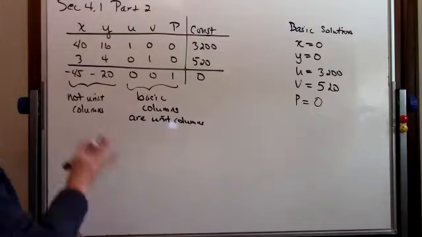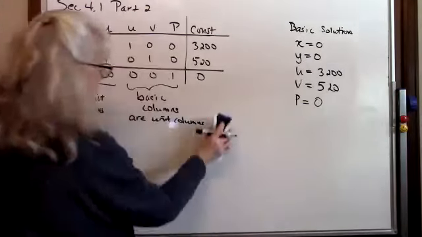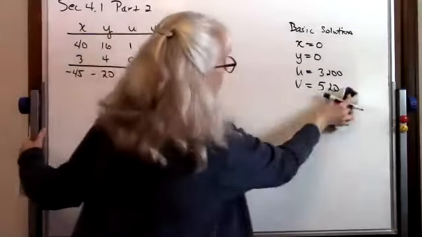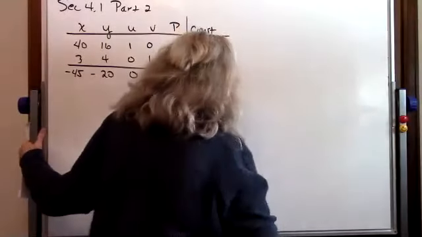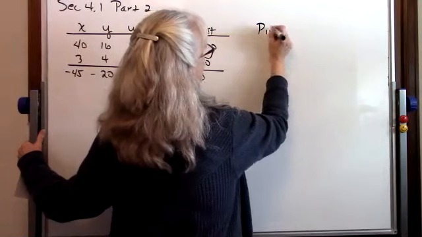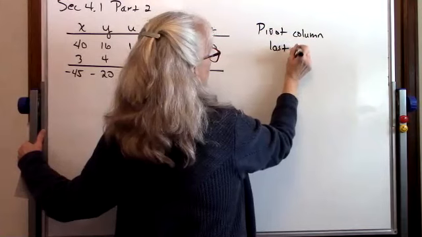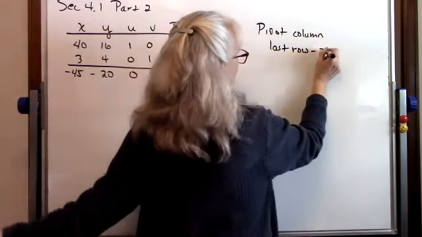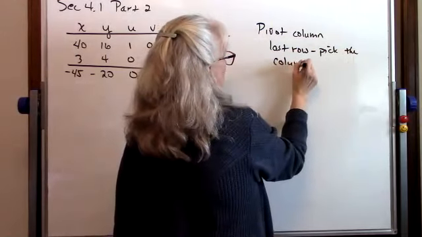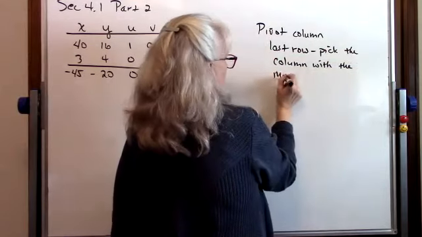So what we have to do is now start transforming this thing. And in order to transform it, we first need to decide on the pivot column and then the pivot element. So step 1, to find the pivot column, we're going to look at the last row and pick the column with the most negative number.